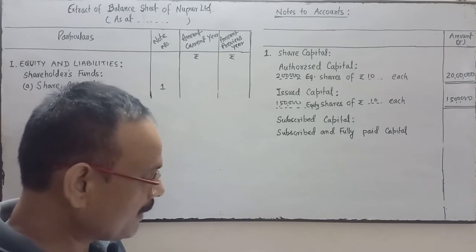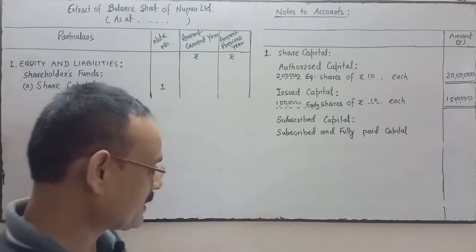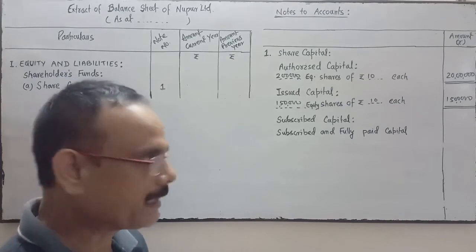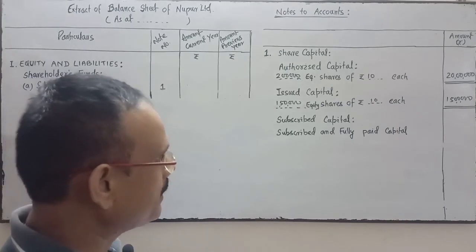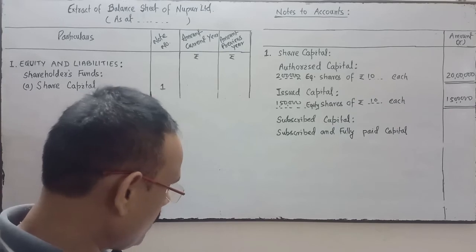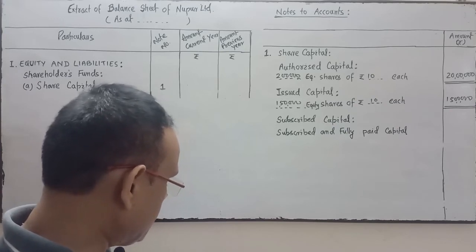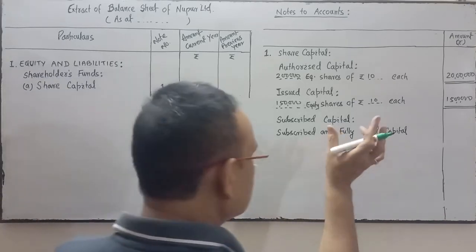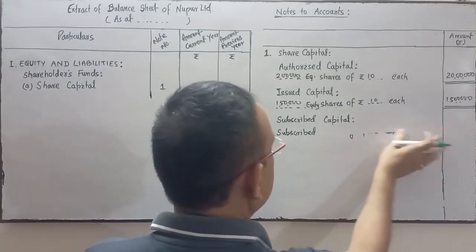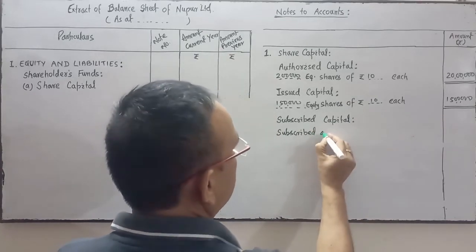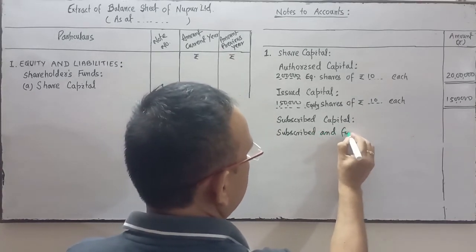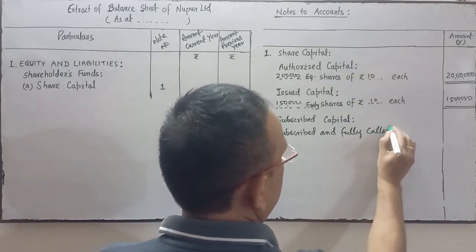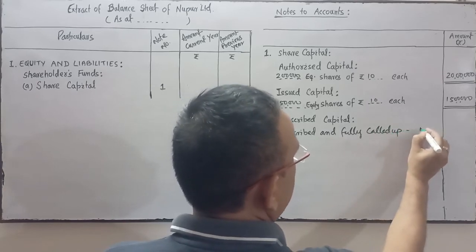Applications were received for 1,40,000 shares, and the director called 7 rupees per share. So the director has not called fully. So here under subscribed and fully called up, it is nil.